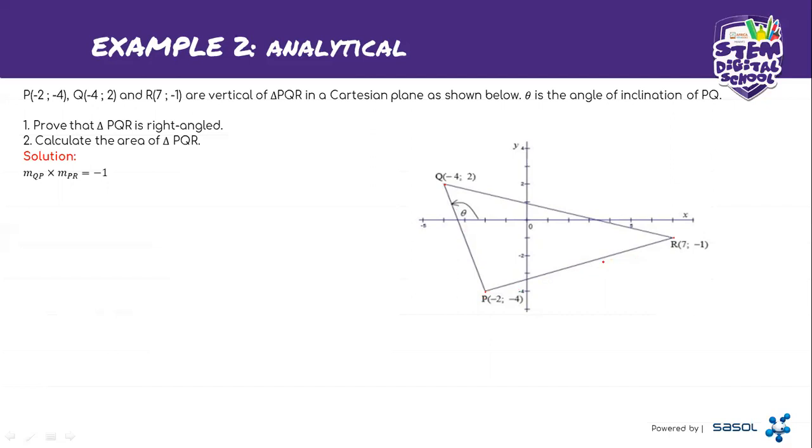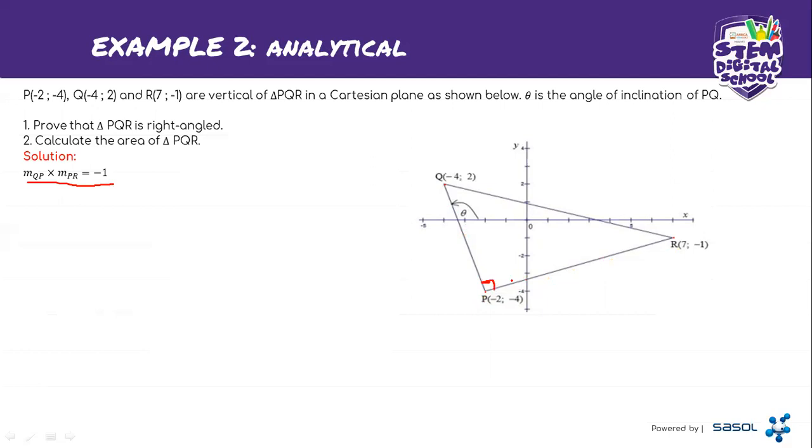If it gives us a product of -1, then you will know that this is a right angle triangle, because remember this formula is for perpendicular lines, meaning if this line QP is perpendicular to PR, it tells us that where they meet, there is 90 degrees there.